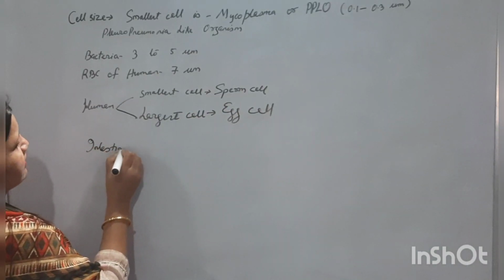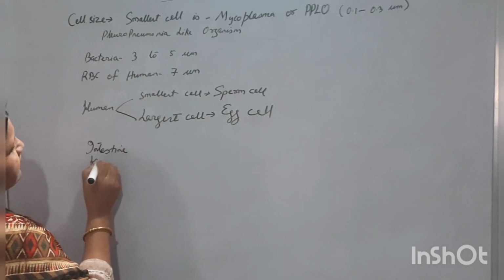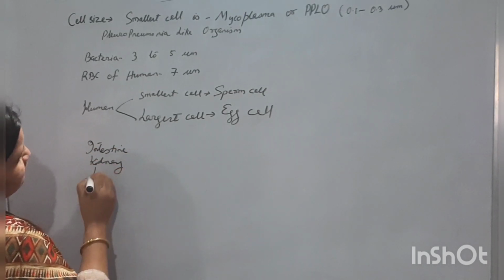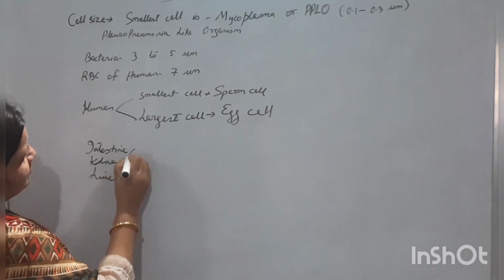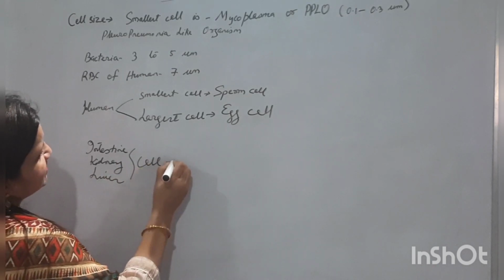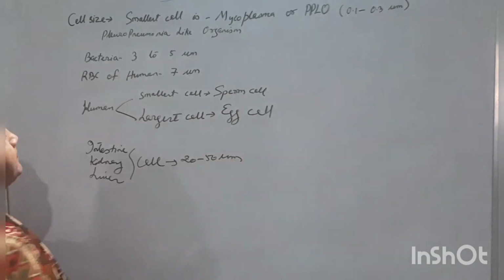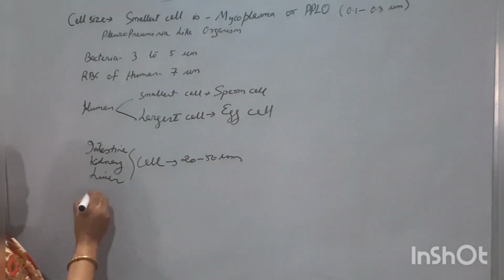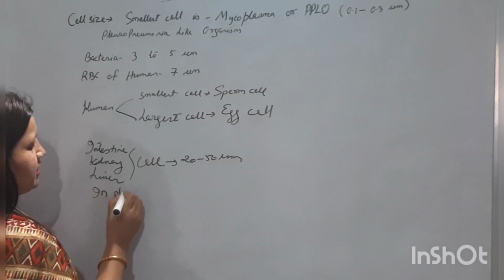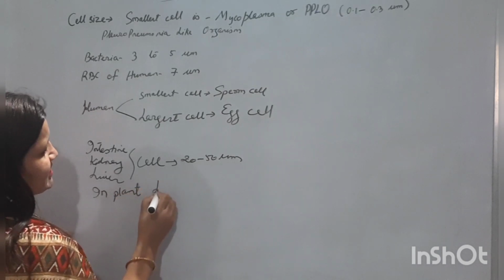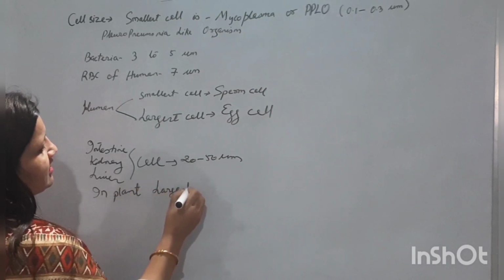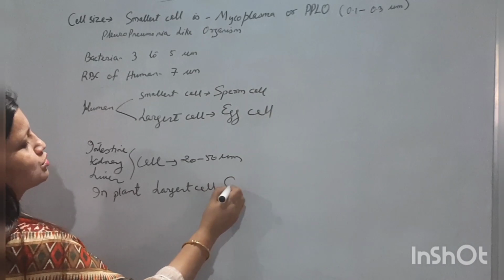Intestine, kidney, liver cell. Cells of this one range from 20 to 50 micrometer. In plant, our largest cell is cycas ovule.